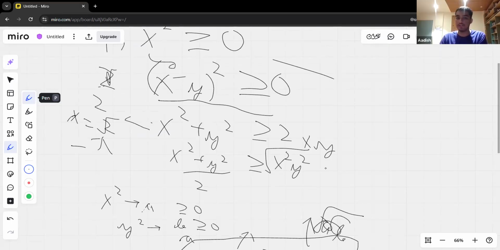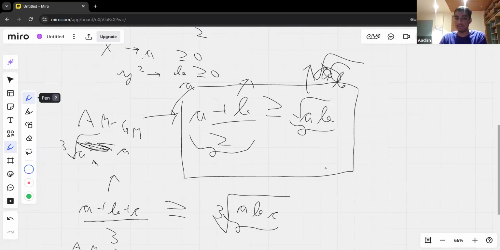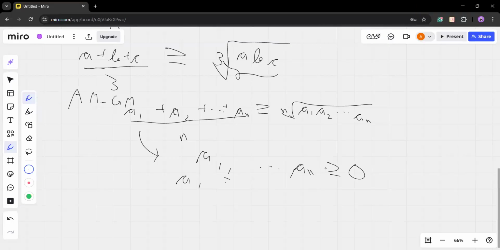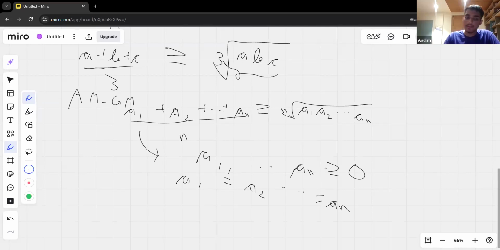The square of any non-zero number is positive, only 0 squares to 0. So when x equals y and hence when a equals b. So AM-GM in general states that this quantity is greater than this quantity, and they are equal if and only if A1 equals A2 equals AN. This is the full general statement of AM-GM.